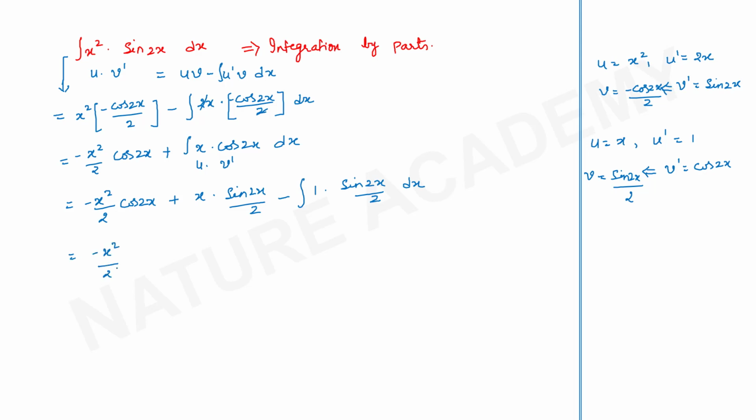This can be written as minus x square by 2 cos 2x as it is, plus x by 2 sine 2x minus, here only sine 2x is the term which is to be integrated. I can take 1 by 2 outside, and sine 2x, if I integrate it, I will get minus cos 2x divided by 2 plus c.